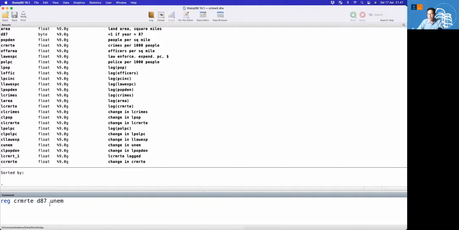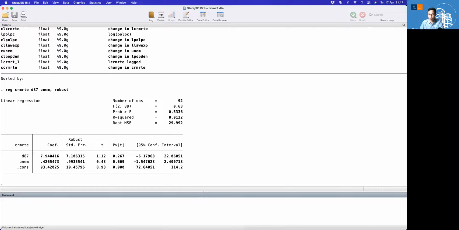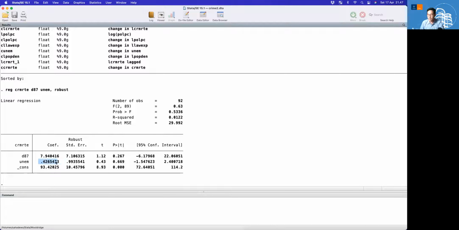Now we can definitely use the robust standard error to address a general form of heteroscedasticity in the data set. And then we do a regression. As you can see here, the estimated coefficient for unemployment is positive.